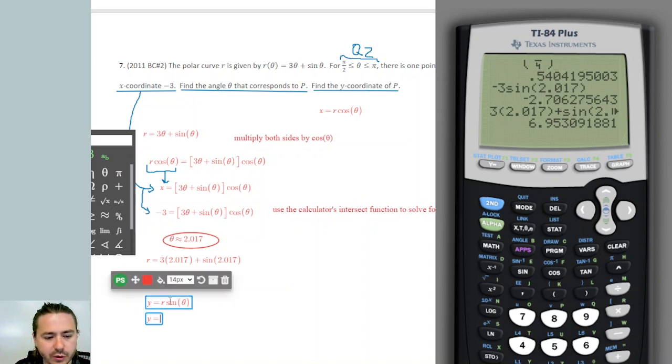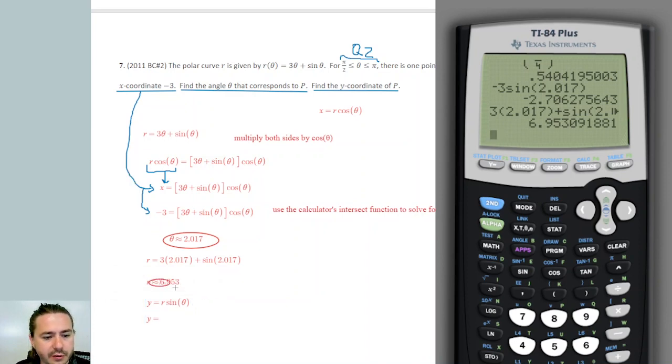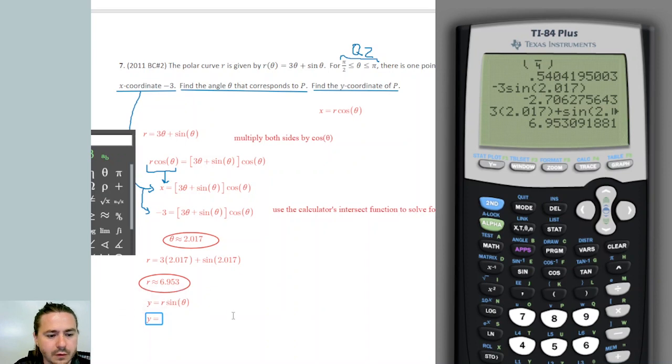So y is going to equal the r which we just found, 6.953, times the sine of 2.017. Let's type that in and we'll have our y value.